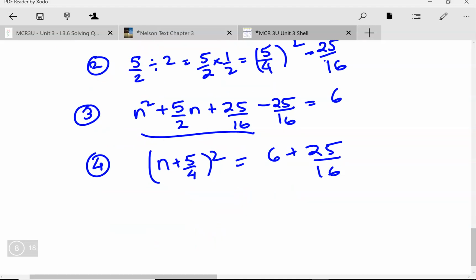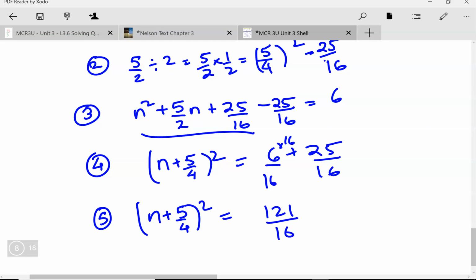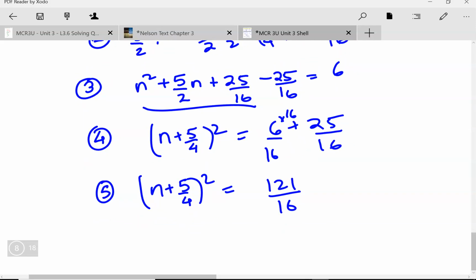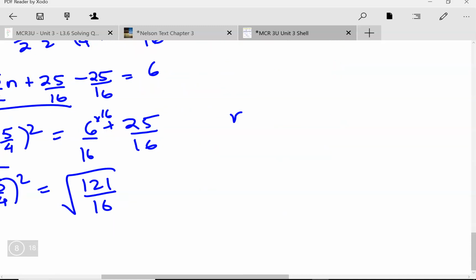Now it looks like I have to do the unfortunate work of finding a common denominator. 6 times 16 is 96. It's 121, I believe. n plus 5 over 4 squared is equal to 121 over 16 if you add these two fractions. And again, that was technically my fourth step. My fifth step is taking the square root of both sides, which I will proceed to do.